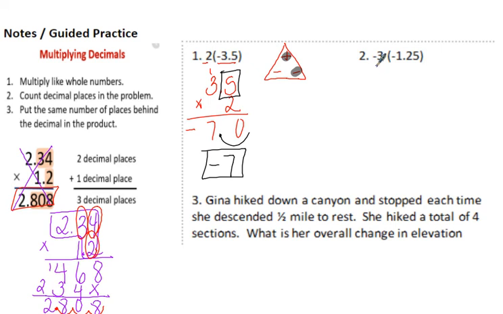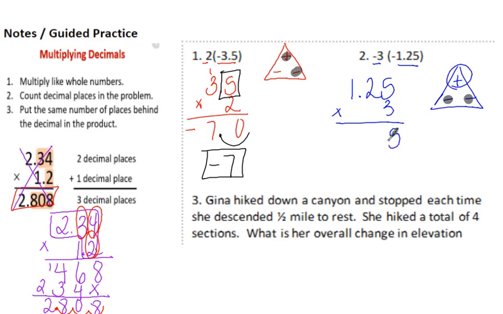Take a look at the second one. This is a 1-digit number and a 3-digit number. So now I'm going to put my 1.25, or 1 and 25 hundredths, on the top times the 3. I'm going to also show you the rules as we repeat: in this particular problem I have a negative times a negative, which means my solution will be a positive. 3 times 5 is 15, carry the 1. 3 times 2 is 6, plus 1 is 7. 3 times 1 is 3.